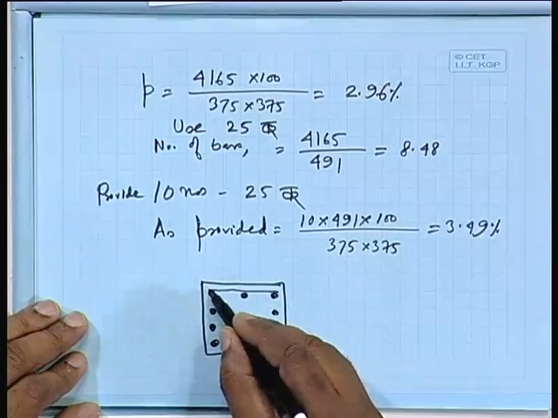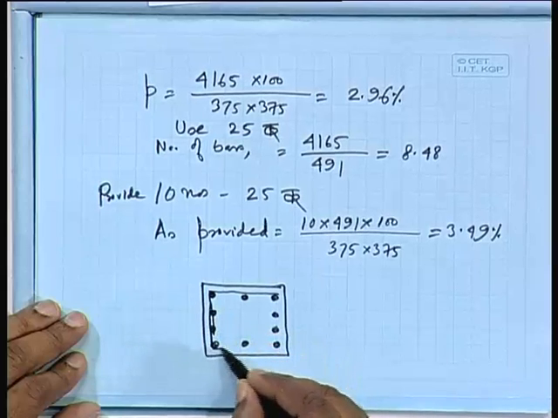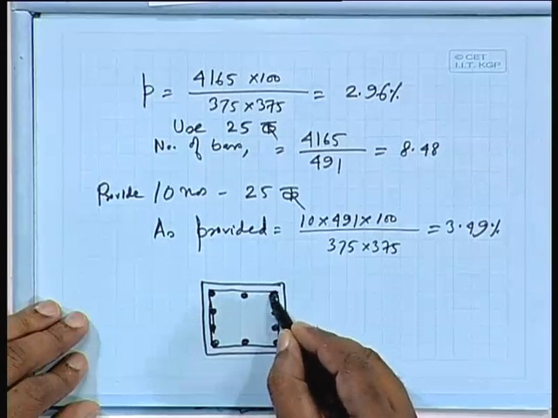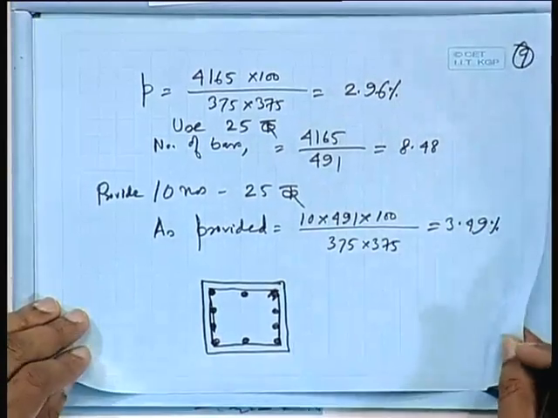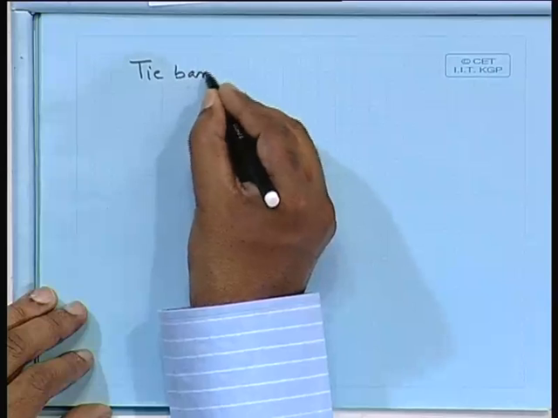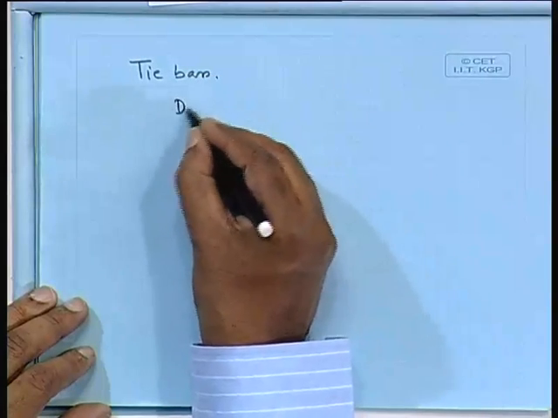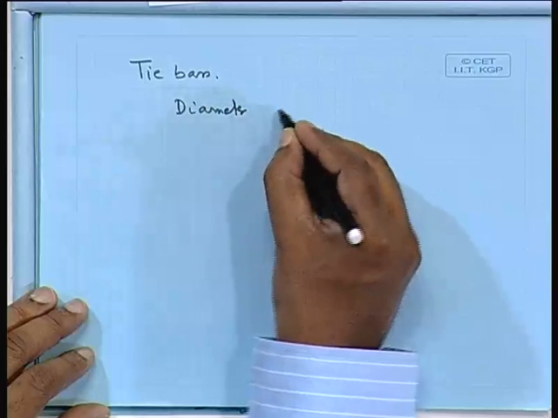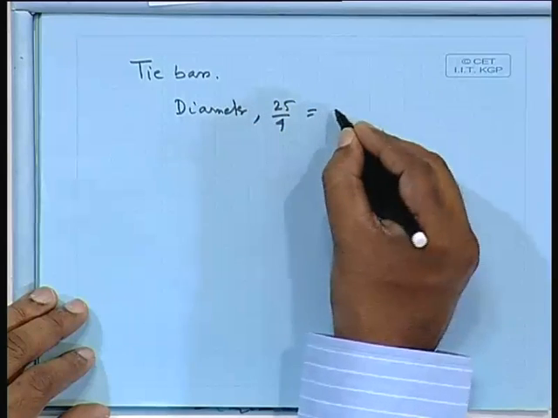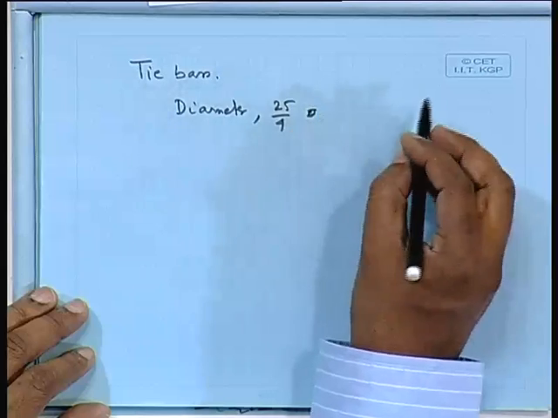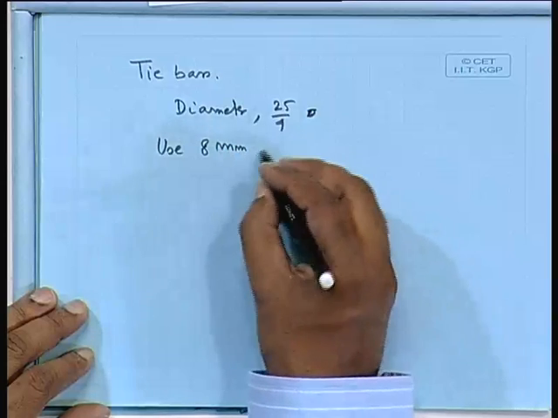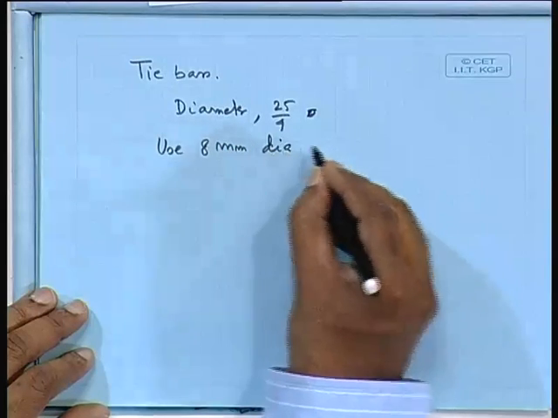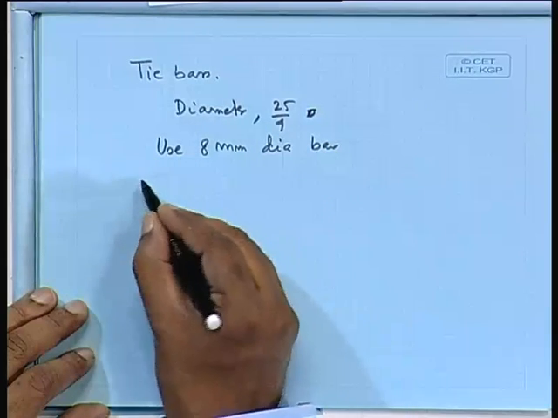Now we have to provide the tie bars. The diameter should be 25 by 4, so we can use 8 mm dia bar. What about the spacing?